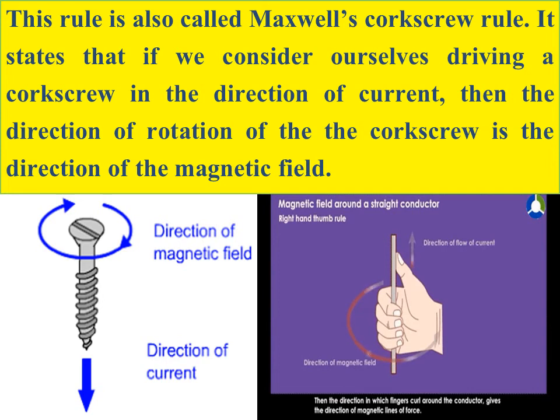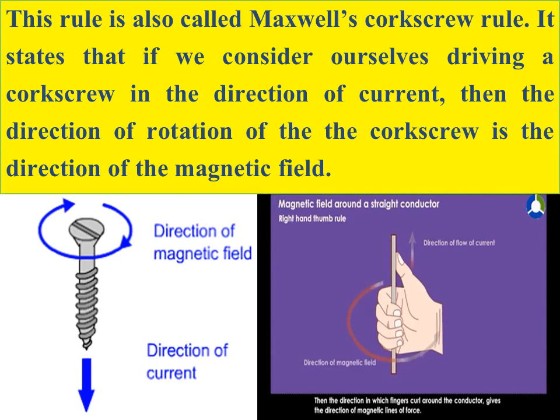Here you can see the corkscrew is driving in the downward direction, so the direction of current is downward. And the rotation of the corkscrew is given by a circle, and that gives the direction of the magnetic field.